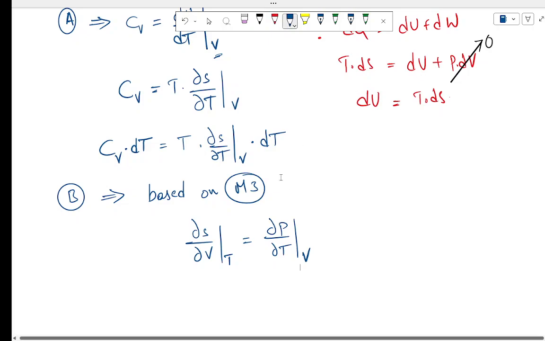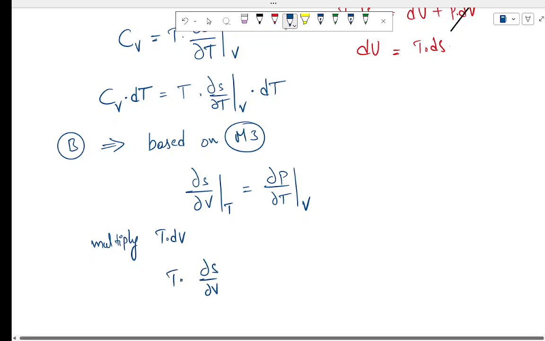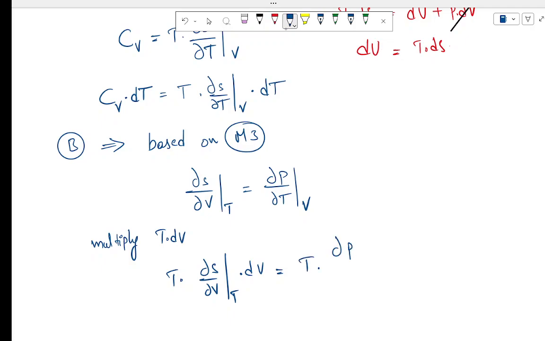For this one, I will multiply TdV on both sides. So what I will get is T into ∂S by ∂V at constant temperature into dV is nothing but T into ∂P by ∂T at constant V into dV. So on both sides I have simply multiplied it with TdV.